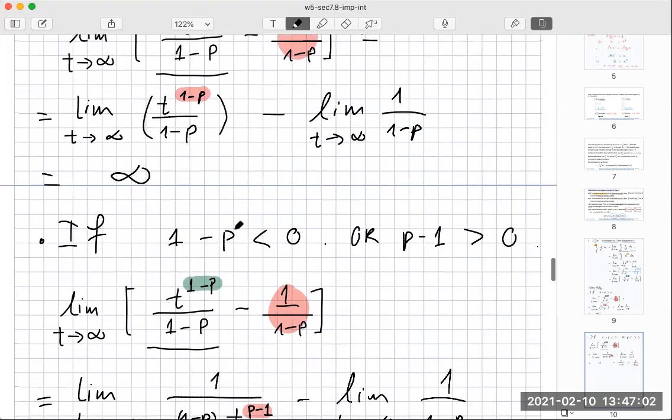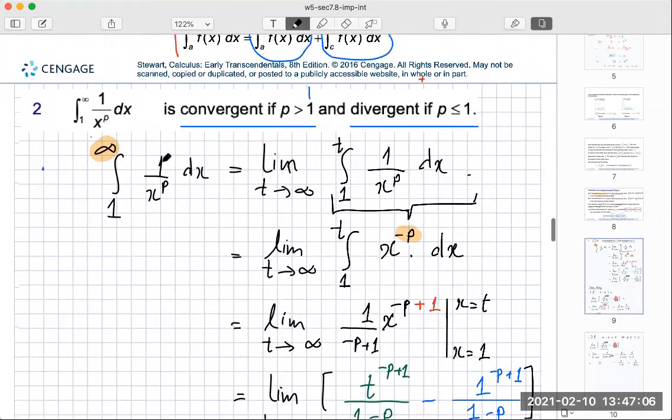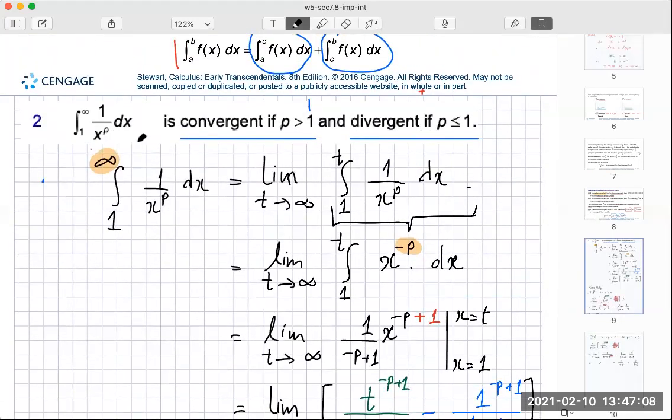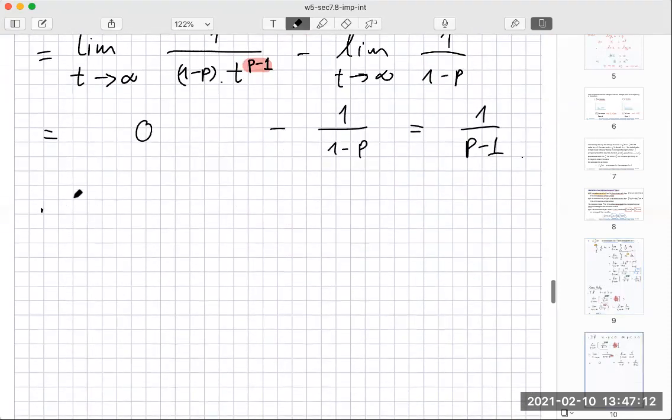How about when p is equal to 1? Okay, here. When p is equal to 1, we studied already, one over x dx, right?